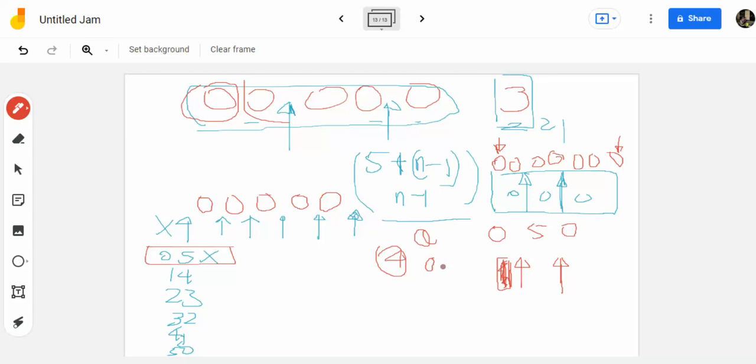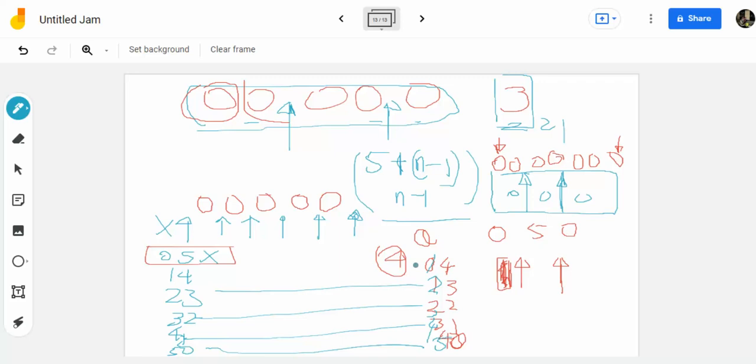You have 0, 4, 1, 3, and 2, 2, 3, 1, and 4, 0, right? If you do 4, you have these 5 options. But 1 is always added back. Let's say 1 is here, 2 is here, 3 is here, 4 is here, 5 is here, right? That one goes back to our original, this, right?